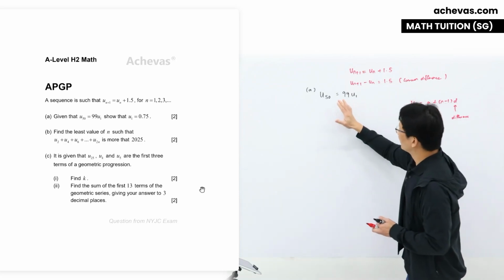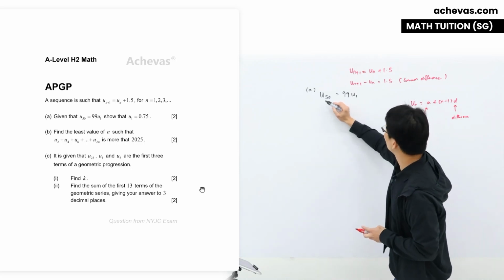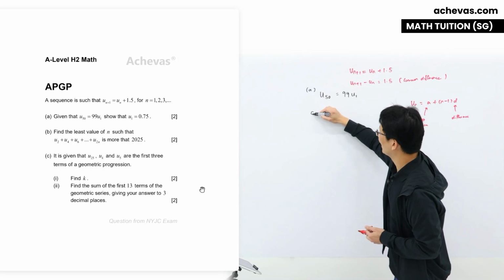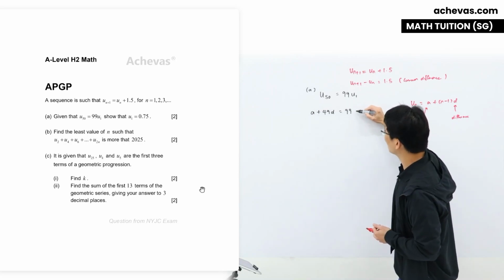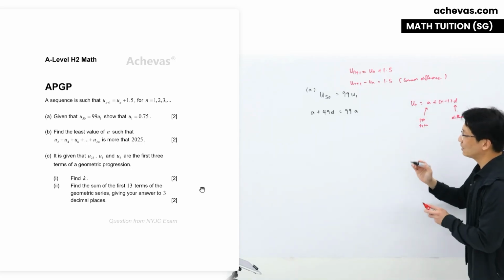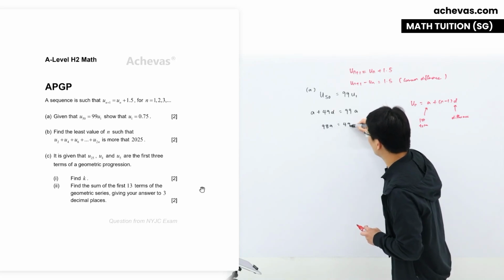I can rewrite this expression into the general form using a plus (n minus 1)d. I will get a plus 49d, and this will be 99a, since U1 is just my first term. Simplifying this expression, I will get 98a equal to 49d.